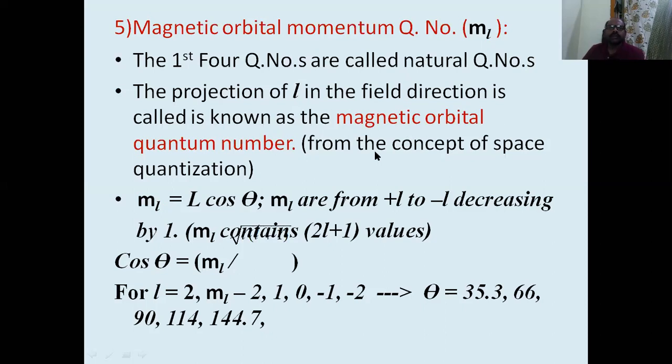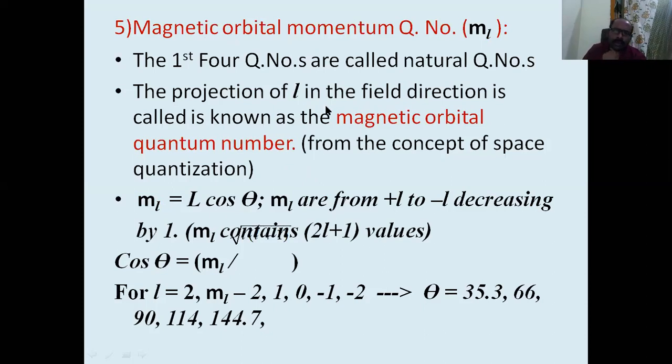We have already studied the concept of space quantization. According to that, the orientation of the orbital angular momentum vector is confined to certain discrete directions. That is the concept of space quantization. It tells us the projections of the angular momentum vector in field directions.